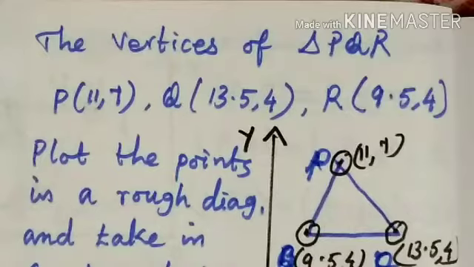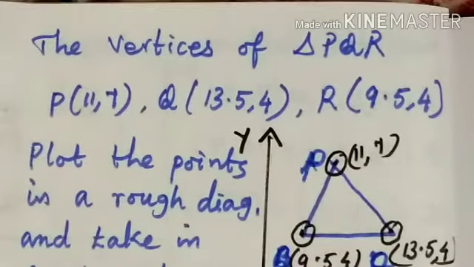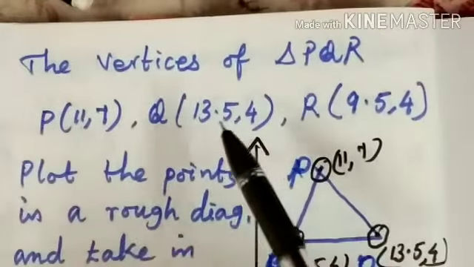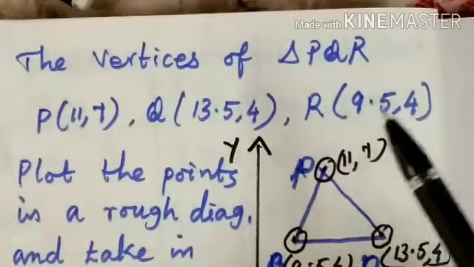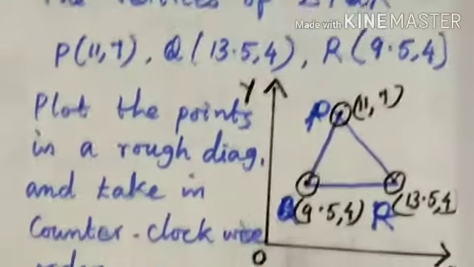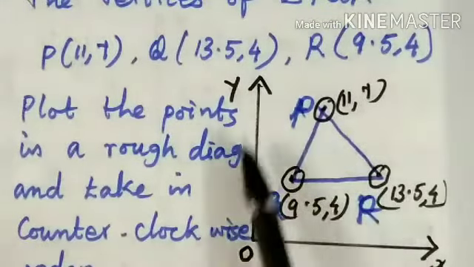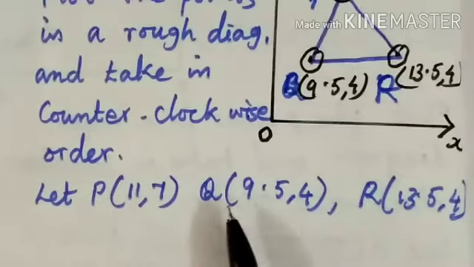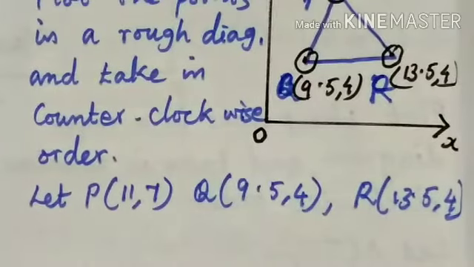Finally, we have to find the area of triangle PQR. Take down and write the vertices of PQR: P (11, 7), Q (13.5, 4), R (9.5, 4). Now, plot the points in a rough diagram and take them in a counterclockwise direction. Therefore, let P (11, 7), Q (9.5, 4), R (13.5, 4).